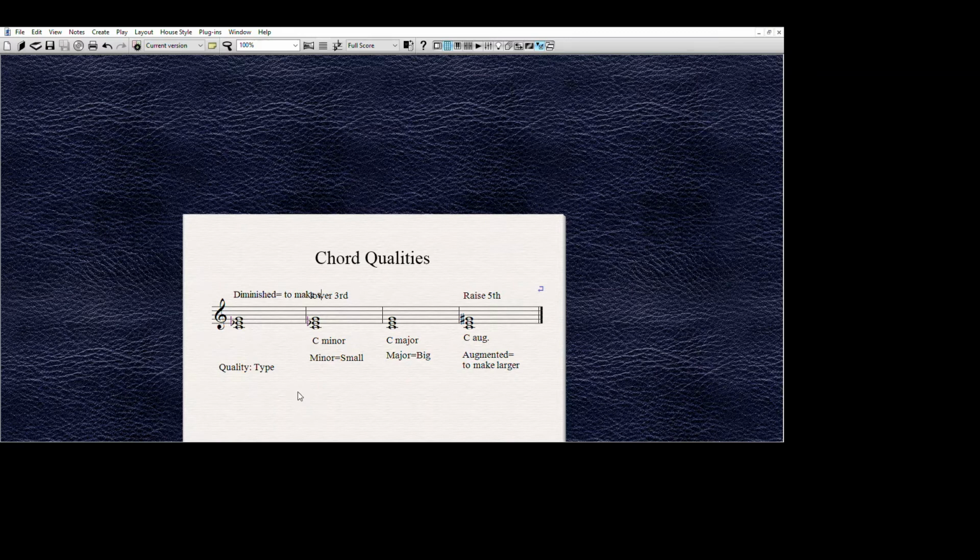Got quite a bit of formatting to deal with here. Alright, pull this guy down even some more. Alright, so now if you have a minor triad and you want to make it a diminished triad, you must lower the fifth.